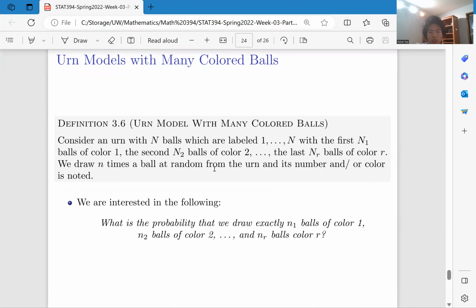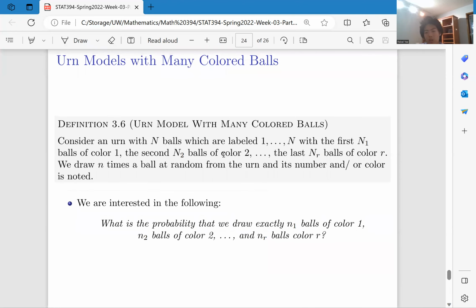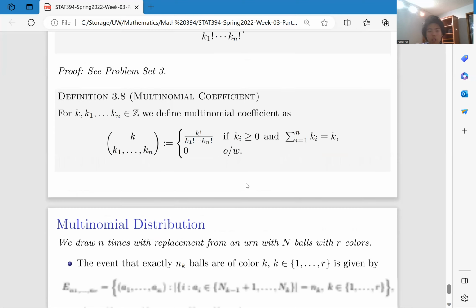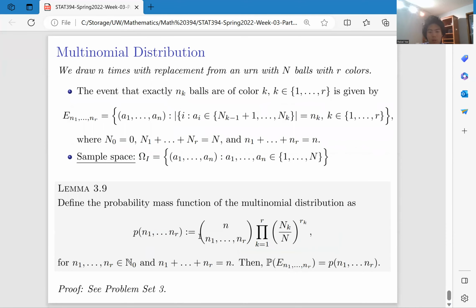So back to this question, how can we find the probability that the draw contains only n1 balls of color 1, n2 balls of color 2, n3 balls of color 3? So we use this formula.